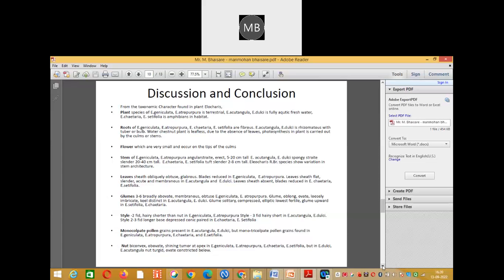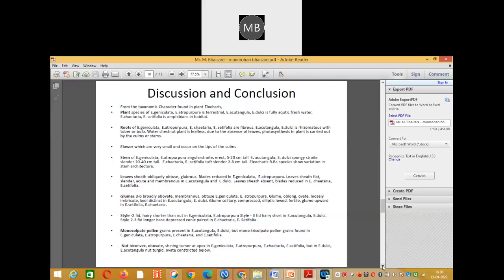Leaf sheaths are oblique, obtuse, glabrous, with the blade reduced in Eleocharis geniculata and Eleocharis atropurpurea. Leaf sheaths are flat, slender, acute, and membranous in Eleocharis acutangula and Eleocharis dulcis. Leaf sheaths are absent and blade reduced in Eleocharis retroflexa and Eleocharis setifolia.